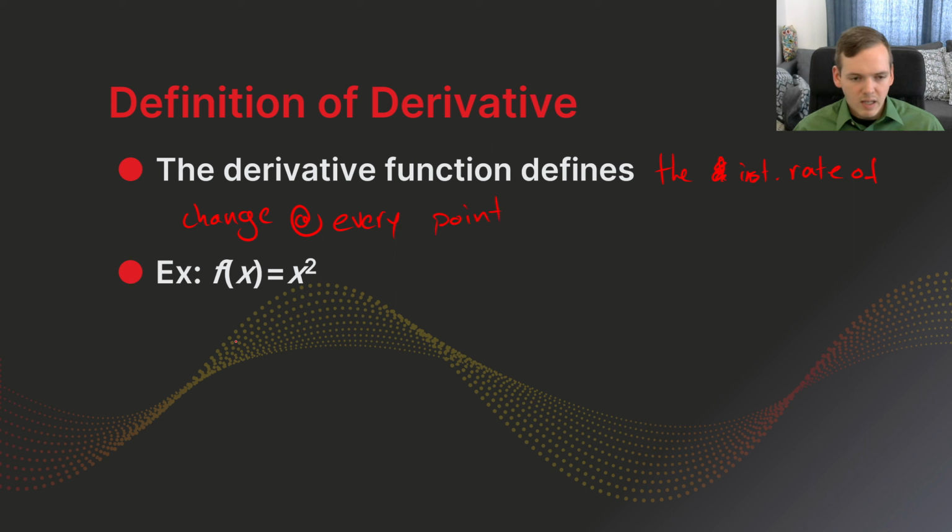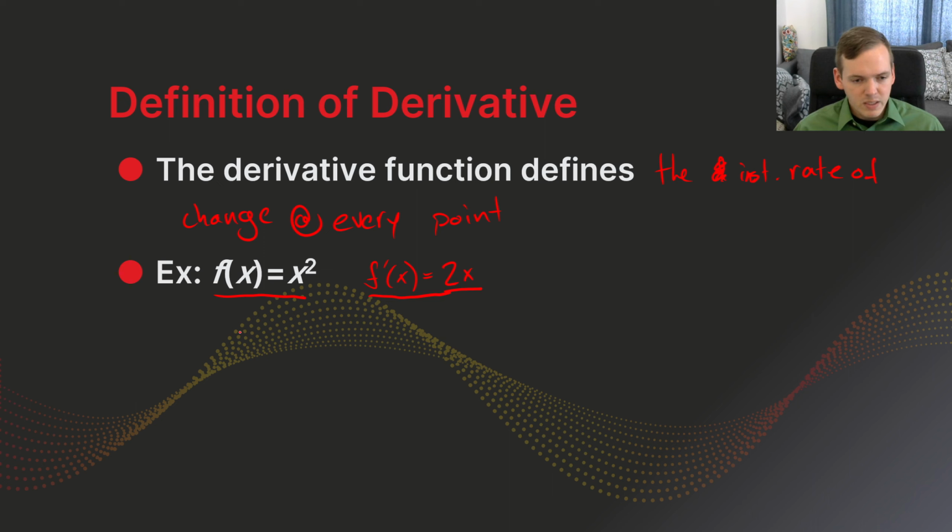So for example, if I have the function f of x equals x squared, the derivative of this function, you don't need to know how I get it, don't worry about it for now, is the function 2x. So this is our original function, this is our function 2x.